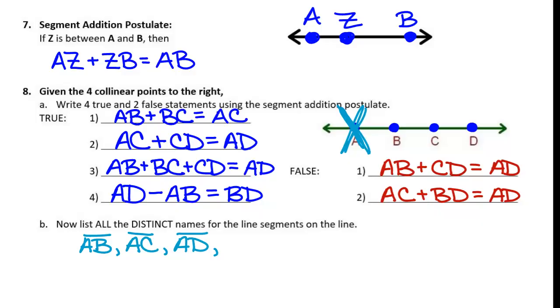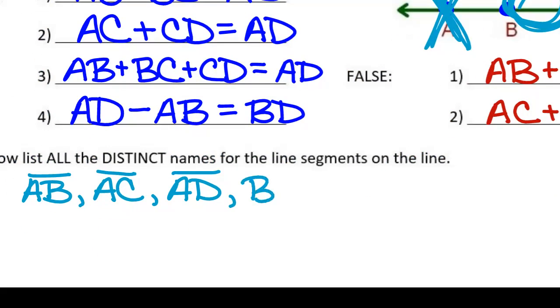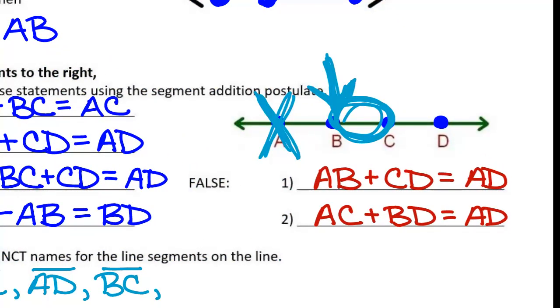And I'm going to go to the next leftmost point. So now I'm looking at point B. And I'm going to make the smallest segment possible with B as an endpoint. So this segment right here, which would be what? BC. And then I want to see if I can make a slightly larger line segment that still has B as an endpoint.